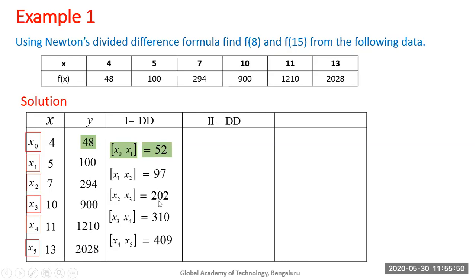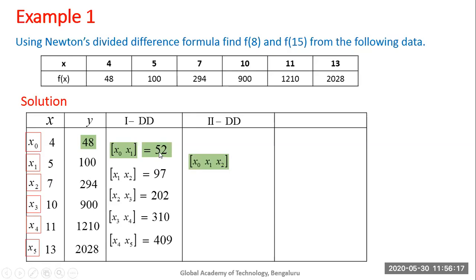Use them to construct the second divide differences. Let us write the notation first: x0, x1, x2. This is obtained by taking the difference of 97 and 52, that is 97 minus 52, and dividing that number by x2 minus x0. x2 is 7, x0 is 4, so 7 minus 4 is 3.